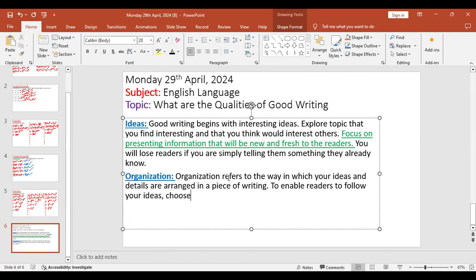Choose an organization that makes sense for your topic and stick with that organization throughout the piece of writing.